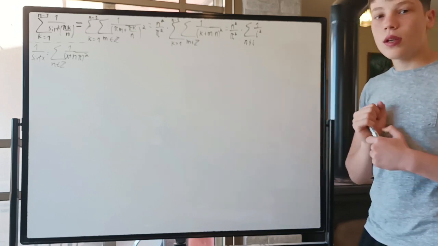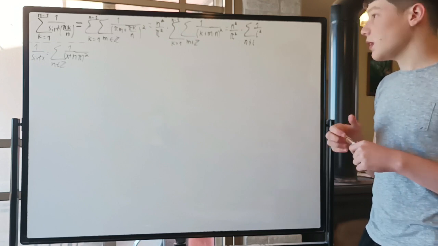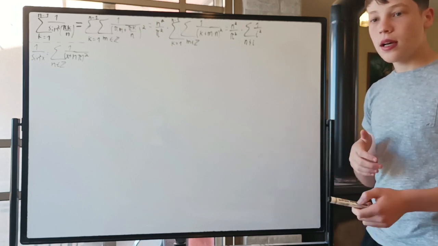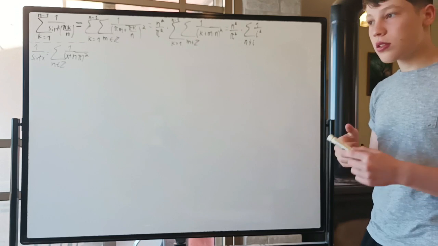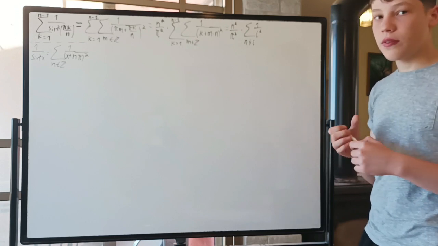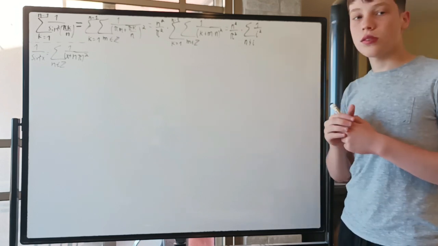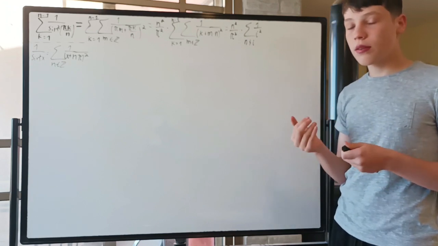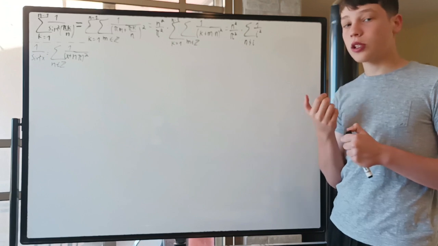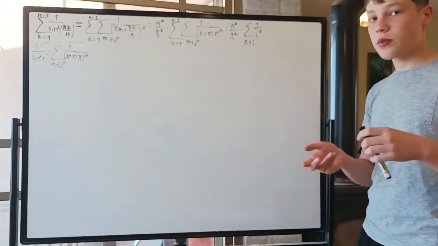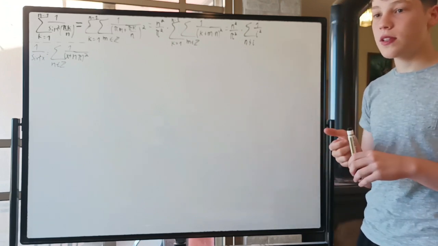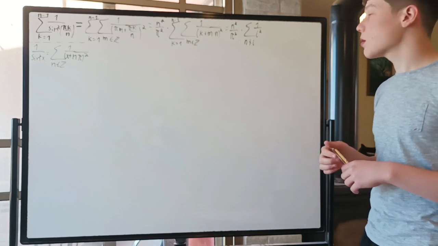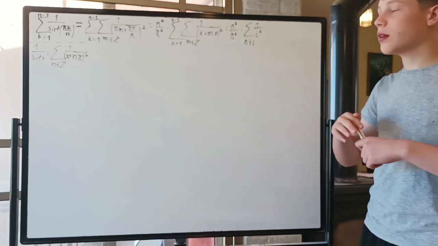Okay, so what I want to do is add and subtract a nice term such that we'll be able to actually evaluate this, because this looks very close to the Basel problem, which is just summing over 1 over i squared when i is a natural number. And that's a famous result of pi squared over 6. We actually proved it in that video of the Basel problem that I mentioned earlier.